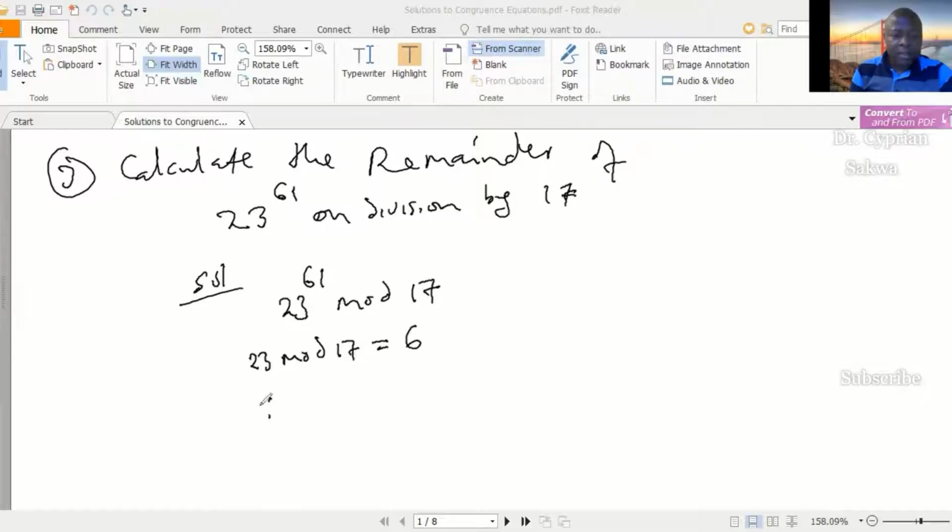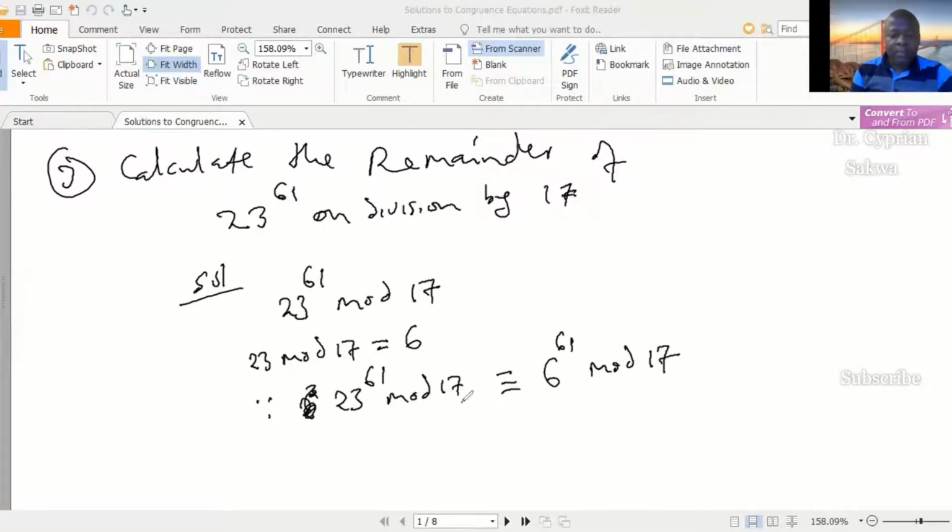So that means if I take 23 raised to 61 and divide by 17, the remainder will be the same as if I took 6 raised to 61 and divided by 17.